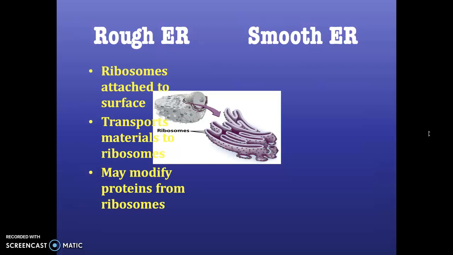Okay, it transports materials to and from the ribosomes. It also will help modify some of the proteins from the ribosomes. Okay, that means it changes them. In many cases, these proteins will actually enter vesicles, as you saw in the previous video, and make their way to another organelle that I'll talk about later, the Golgi apparatus.